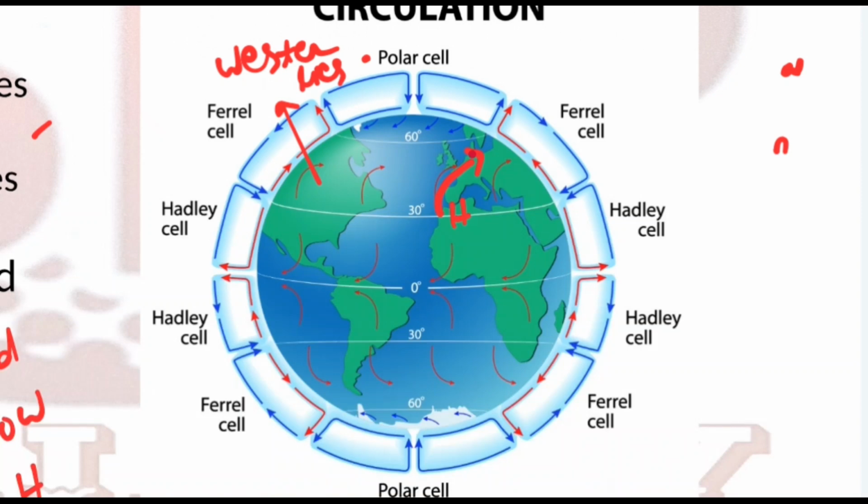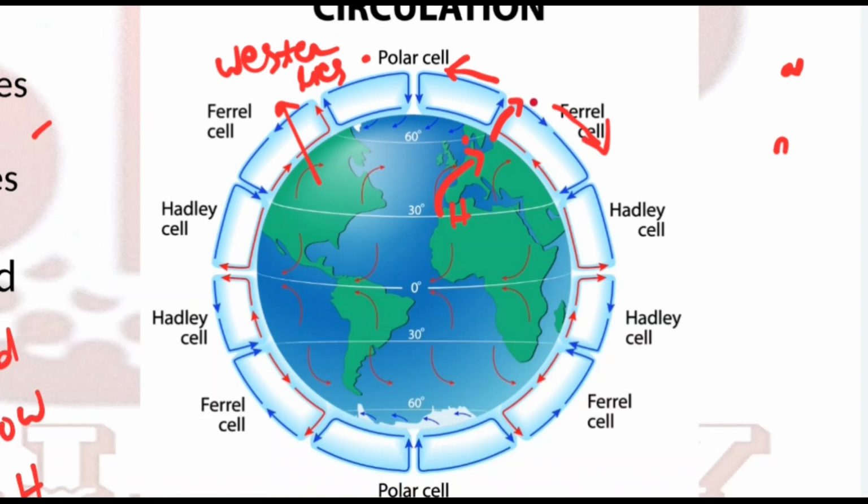When they move on the surface, they will get hotter at 60 degree latitude. Then again they will rise upward. When they rise upward, some move towards the pole and some move towards the equator.